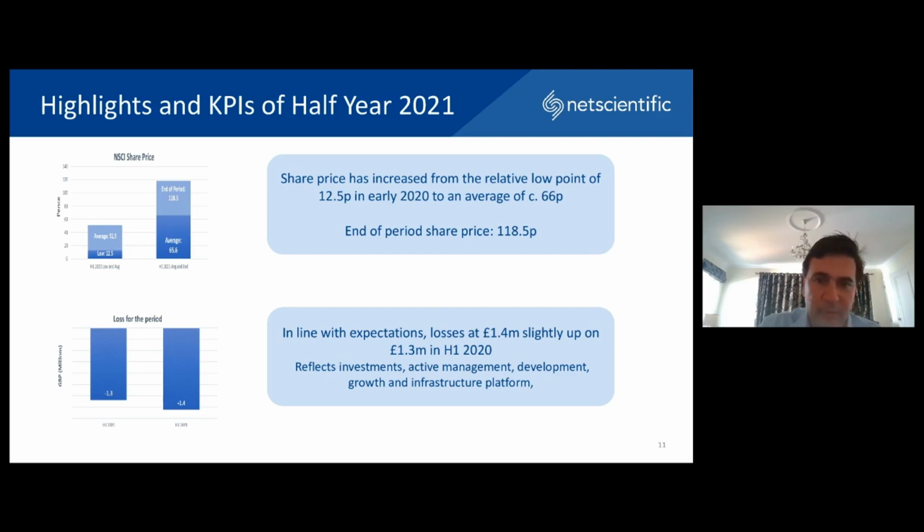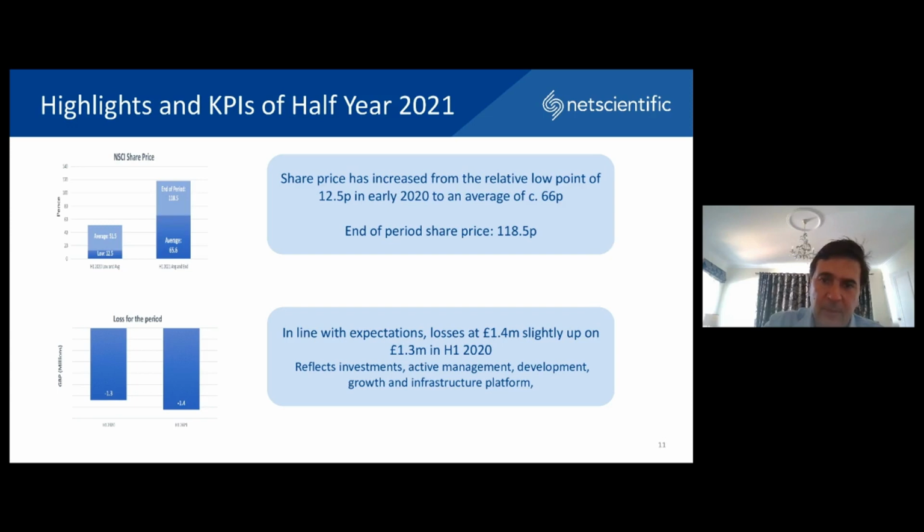And at that point, the turnaround that John was referring to was accepted and adopted as a strategy by the previous board. And we've been able to make significant progress to an average price of 65p in the first half of this year and end of period of 118, and it's been bouncing around the 120 mark ever since.